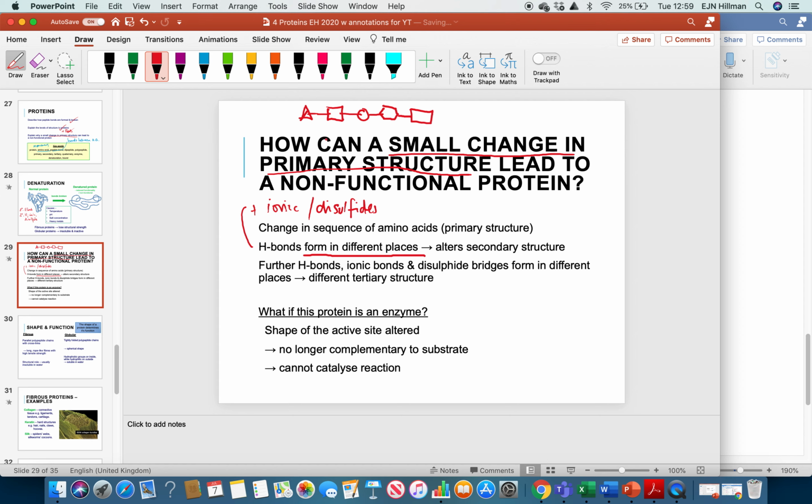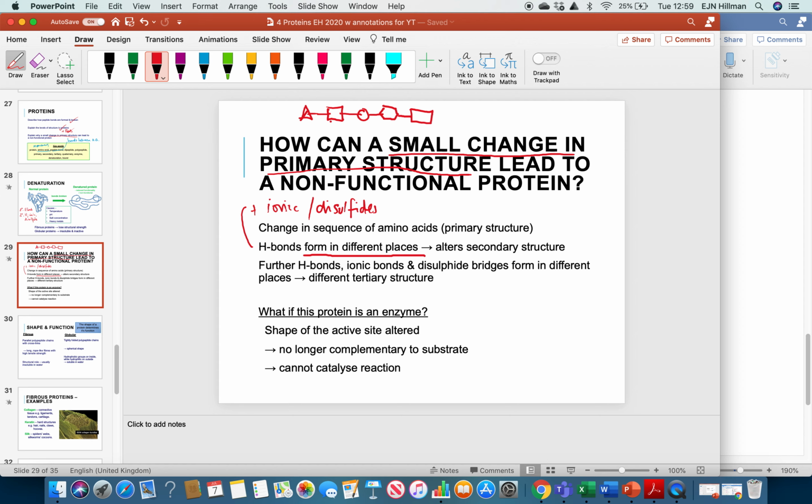Now we know that in the secondary structure, those hydrogen bonds form between the carboxyl groups and the amine groups. If the amino acid sequence changes, perhaps those hydrogen bonds in the secondary structure form in different positions. Now that may change the shape of the secondary structure.